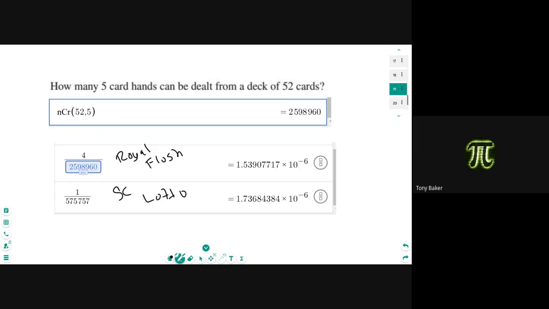You have a better chance of winning the South Carolina lottery. Yes, both of them are extremely unlikely, but you have a better chance of winning the South Carolina lottery.